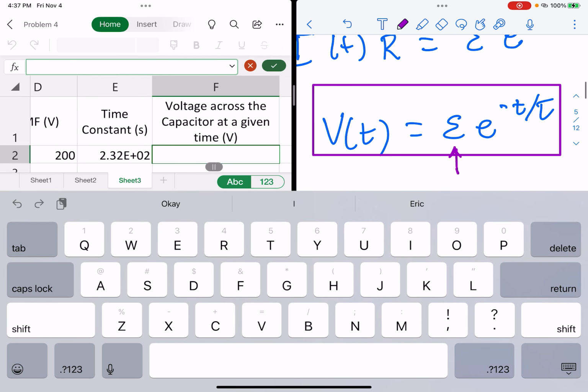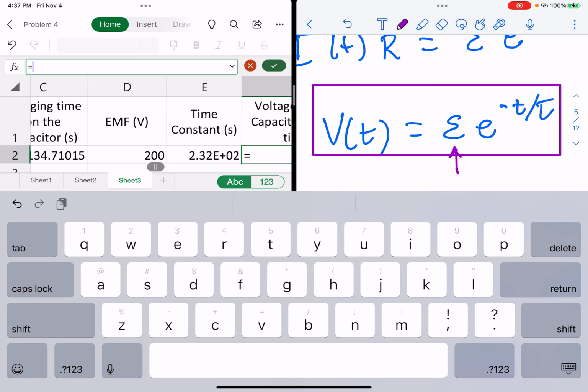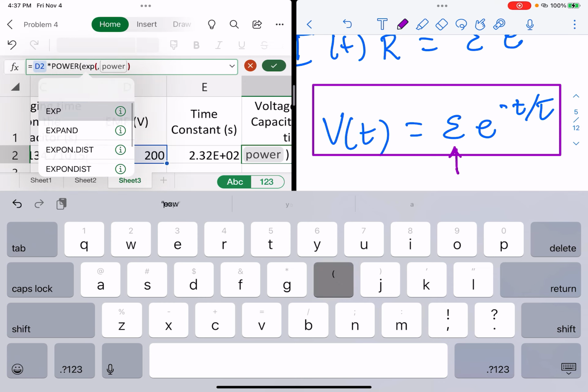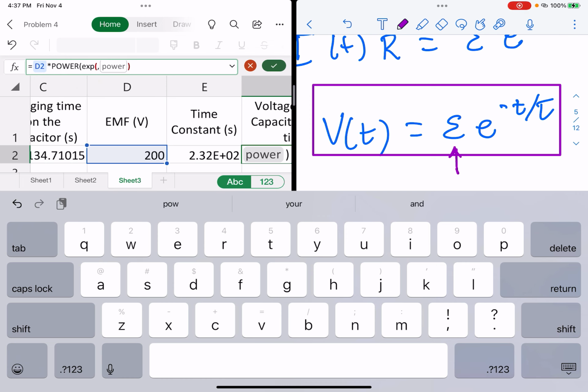So all we have to do, this cell is our voltage. This is the beautiful thing about it. It's algebra. This cell is voltage. Now we have a time, and we literally could tie this to the time cell, which is what we're going to do. It equals our EMF times the power of the exponent, 1 minus e, and we need to raise that exponent to a given power.